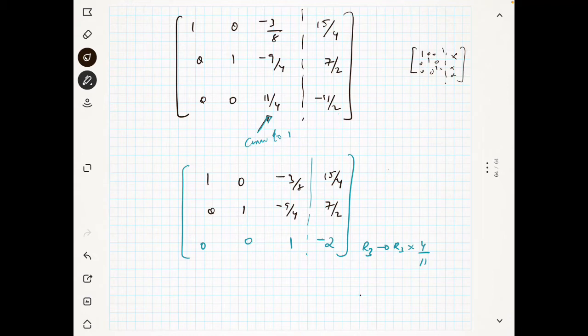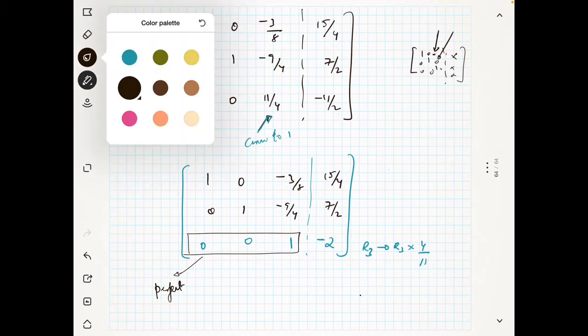Now you see there are some issues. I want here 0 and here 0, but this matrix is in perfect condition. Now the third row is perfect. There is no issue.